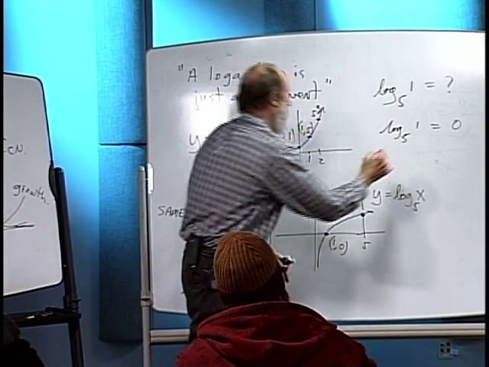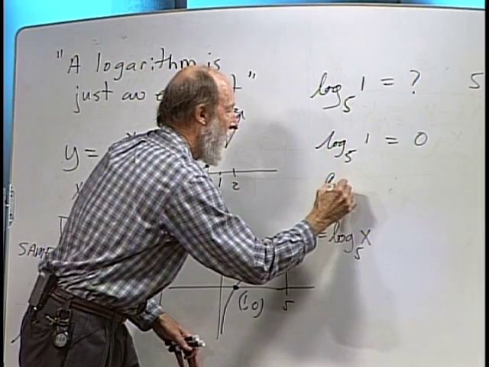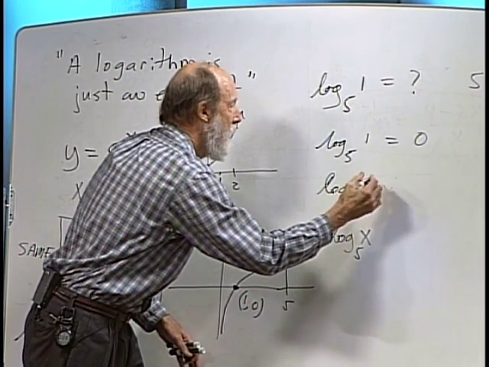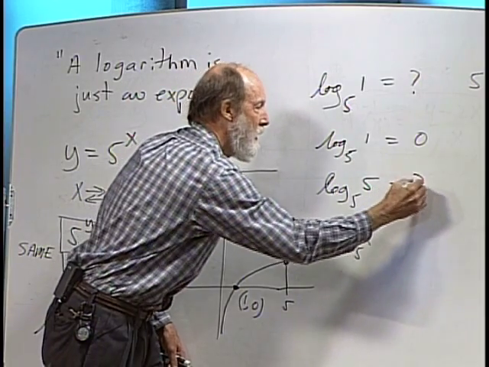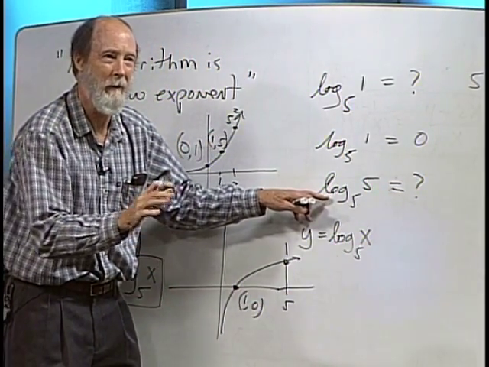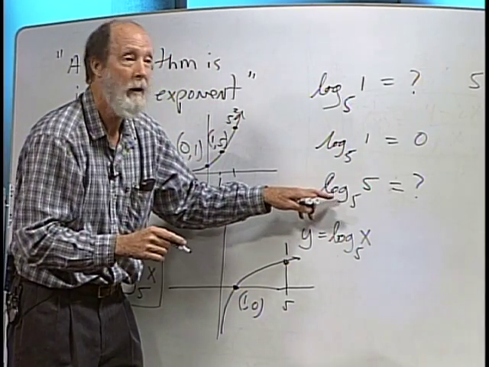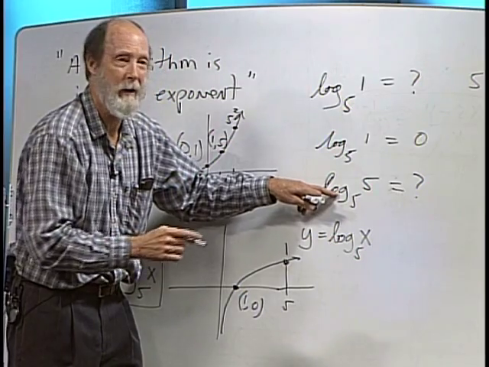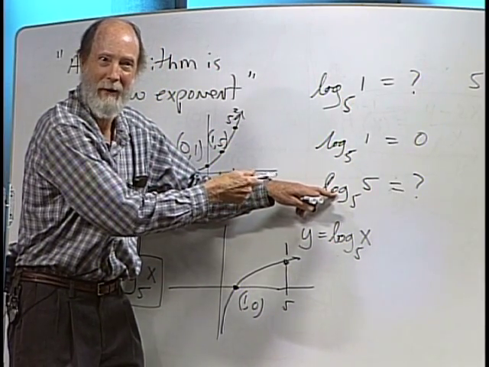Here's another question. Log base 5 of 5 equals what? Here's what I want you to think of mentally. What do you think the answer is, Mac? 1. Okay, in other words, what's the exponent? I'm trying to get you in the habit. When you see the word logarithm, think exponent.